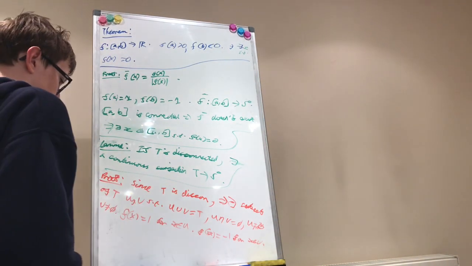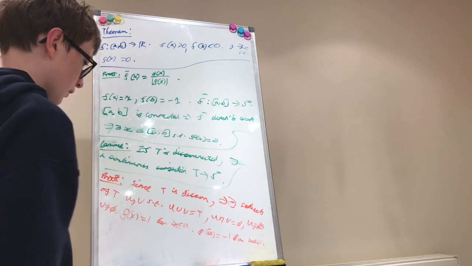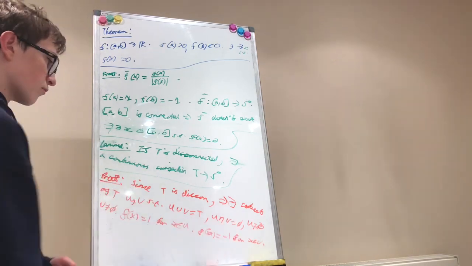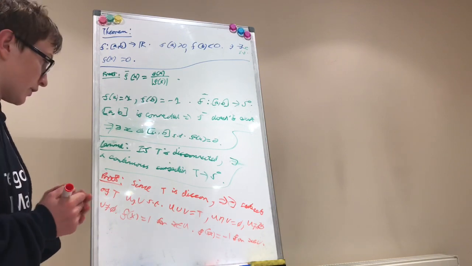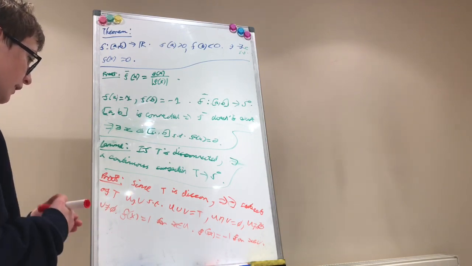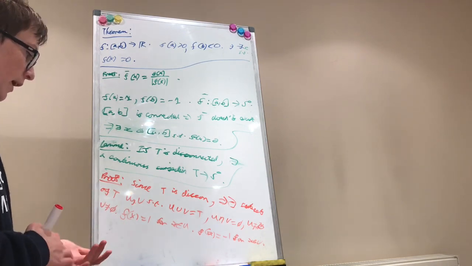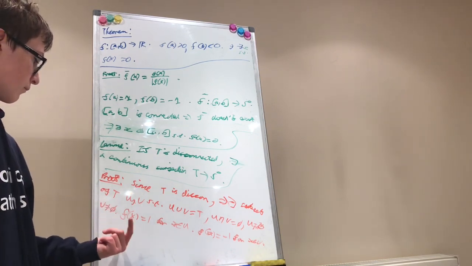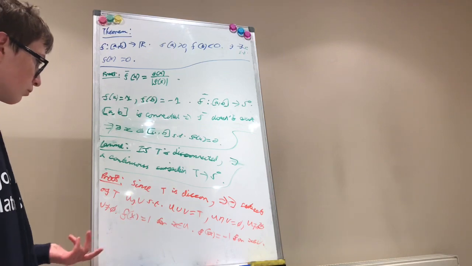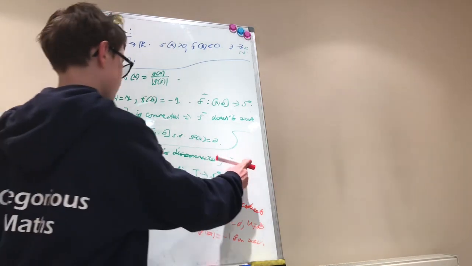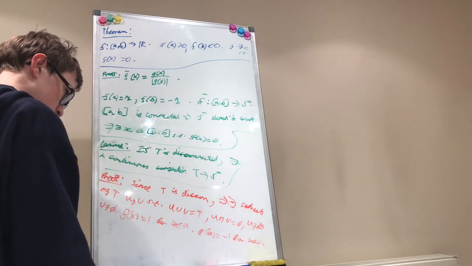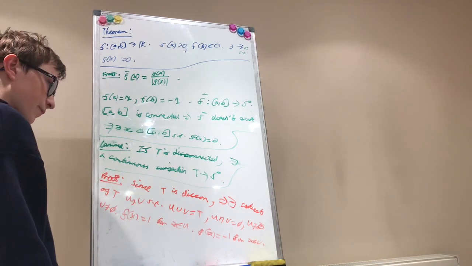Now clearly, f is surjective, and f is continuous. So pretty much right from the definition, this is true.